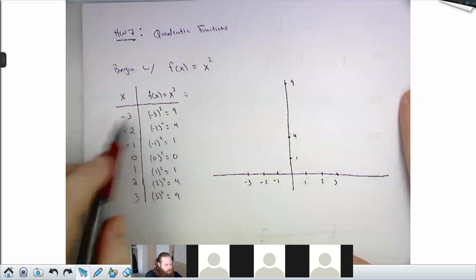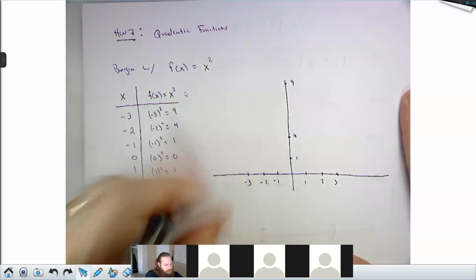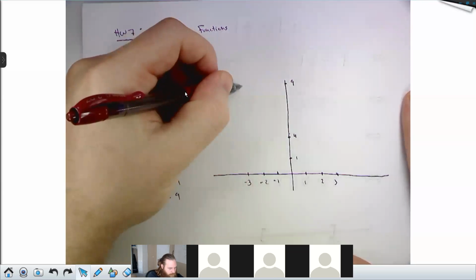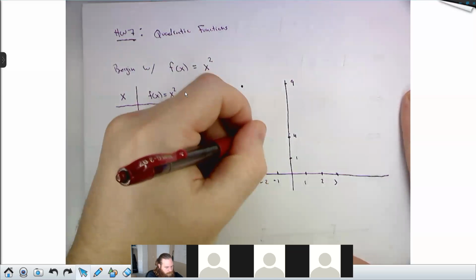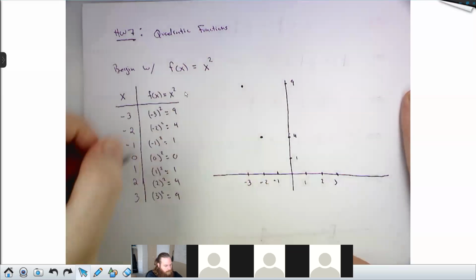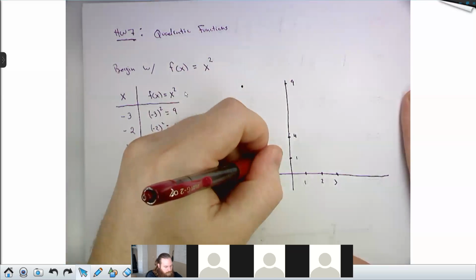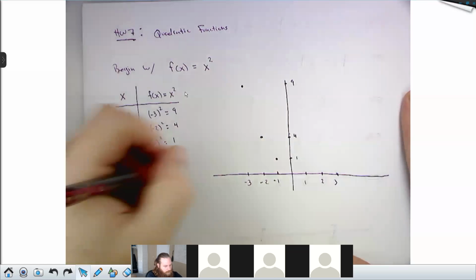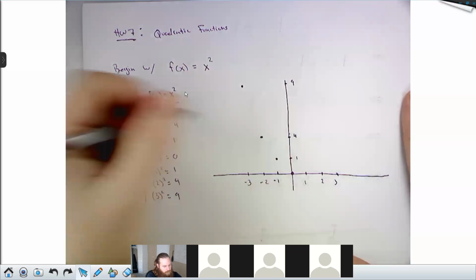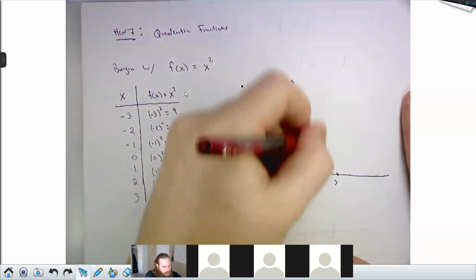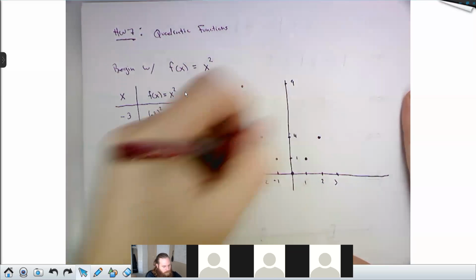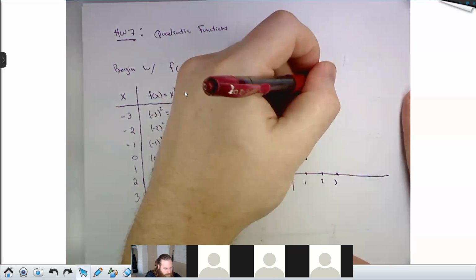So we want to graph these points: -3, 9; -2, 4; -1, 1; 0, 0; 1, 1; 2, 4; and 3, 9.